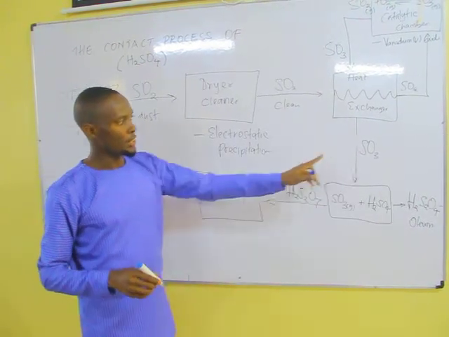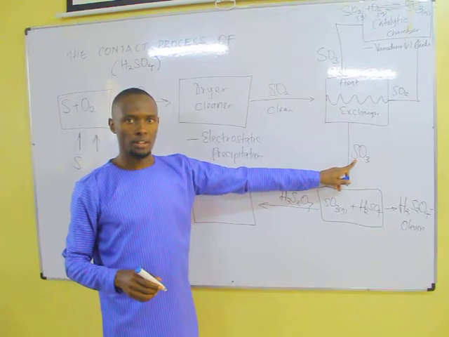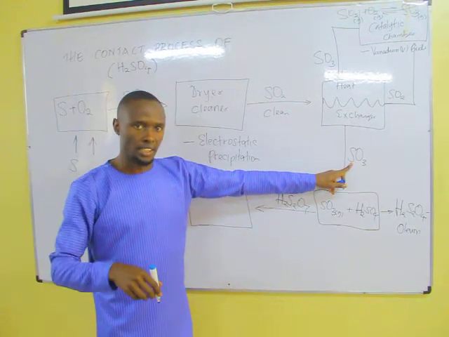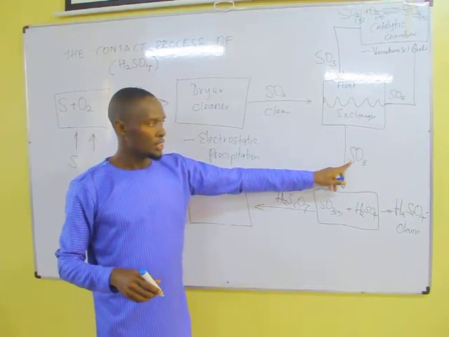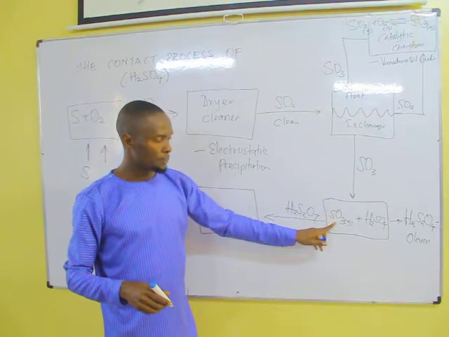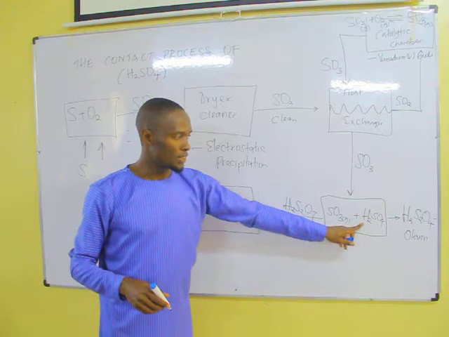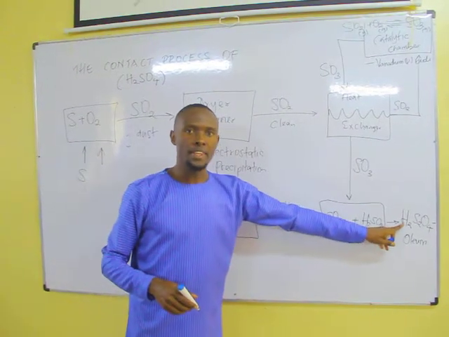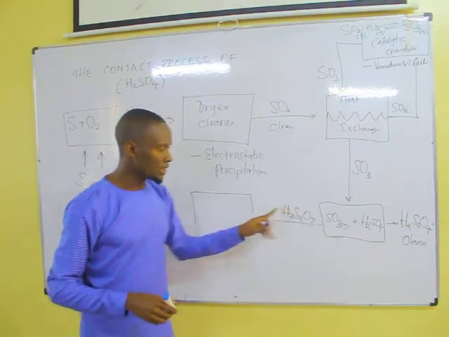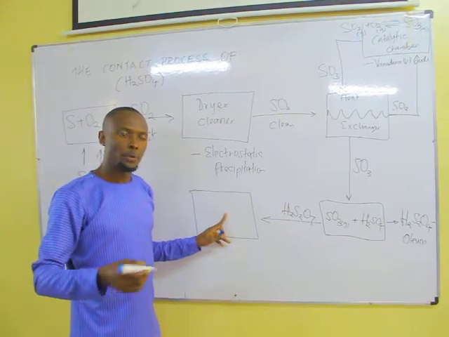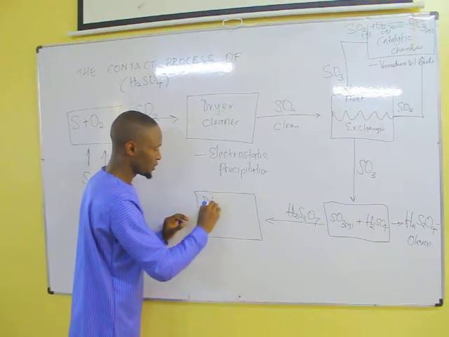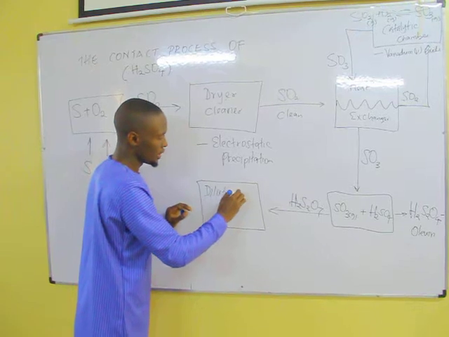I said this gas cannot be mixed with water directly. Instead, first in this chamber, it is reacted with sulfuric acid to form oleum, and then this oleum is taken to another chamber, which is called the dilution chamber.